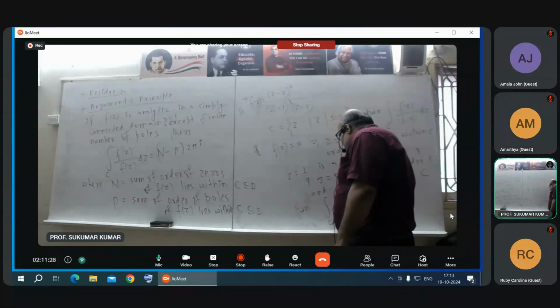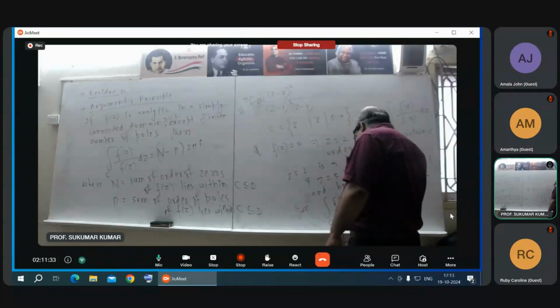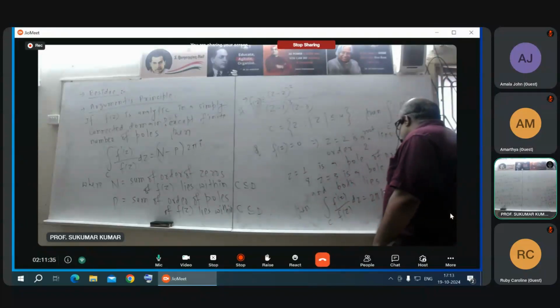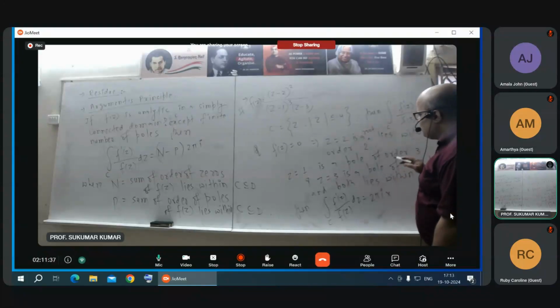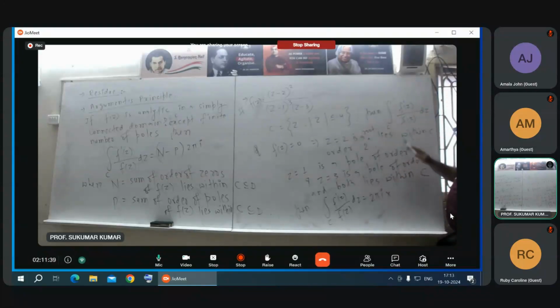Then the integration over C of f dash z by f of z dz is just 2 pi I into n minus p. N is the sum of orders of zeros, only one type of zero and only one order, so 2, minus the sum of orders of poles, 3 plus 1.